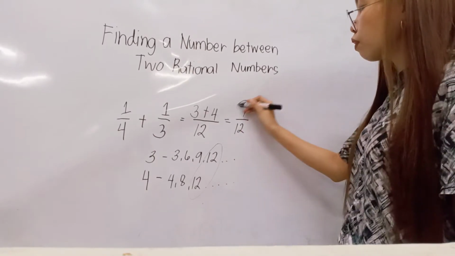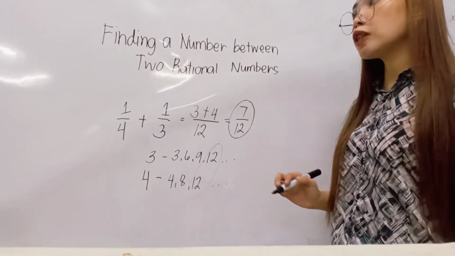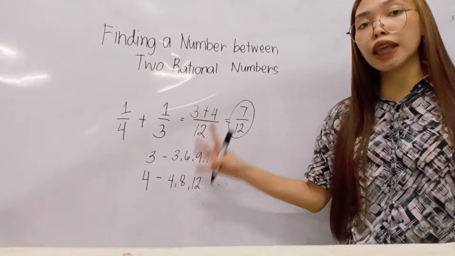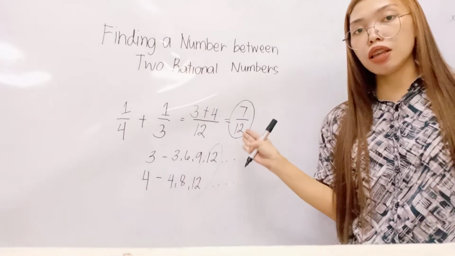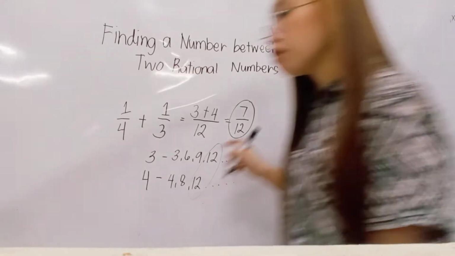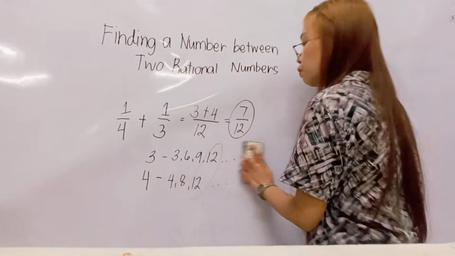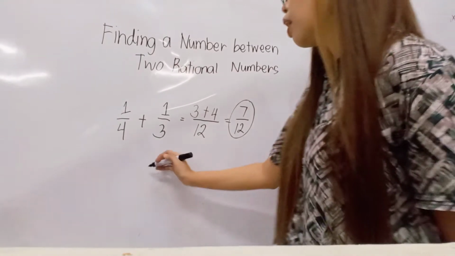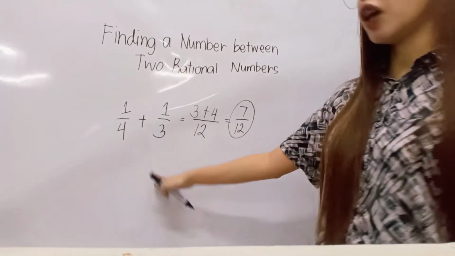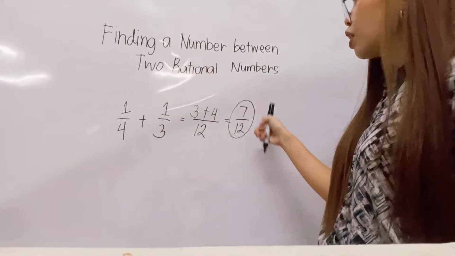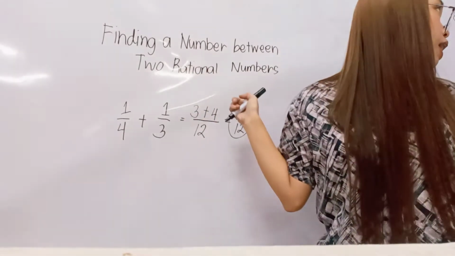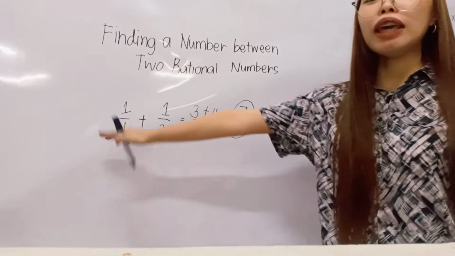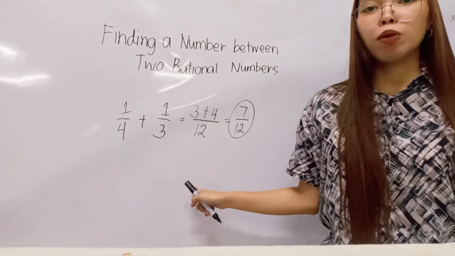So 7 over 12 is a rational number between 1/4 and 1/3. Okay? 7 over 12 is a rational number between 1/4 and 1/3.